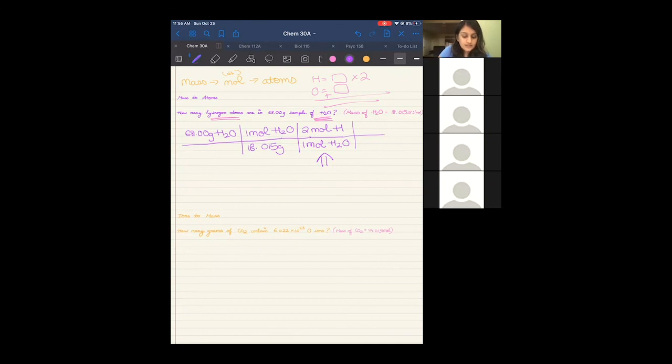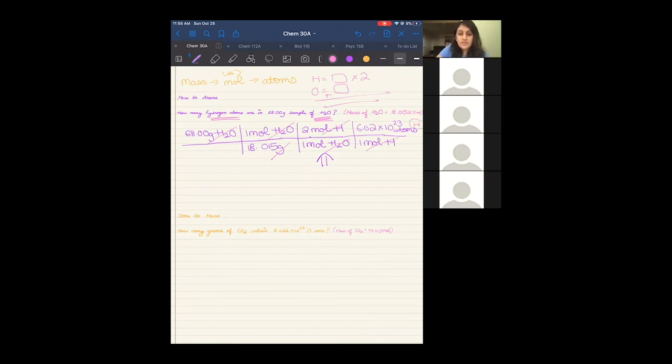Okay. So from here on, I'm going to put 1 mole of hydrogen, just hydrogen, and then I'm going to put Avogadro's number. It's atoms. Then I'm going to cancel things out. So grams of H2O, moles of H2O, moles of hydrogen, and then I'm just going to have hydrogen here.